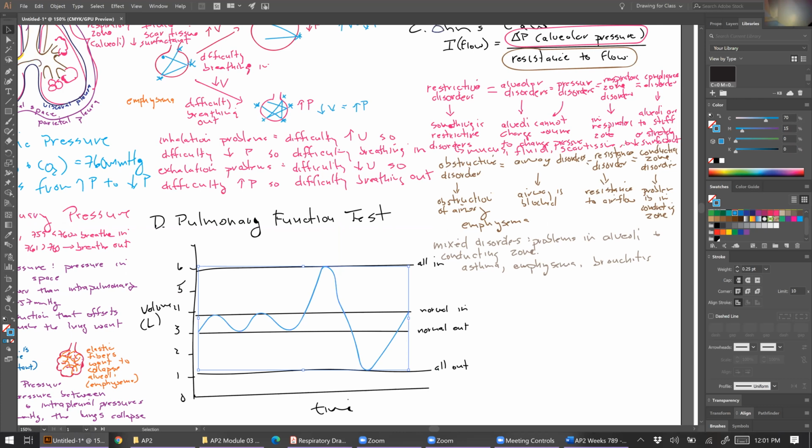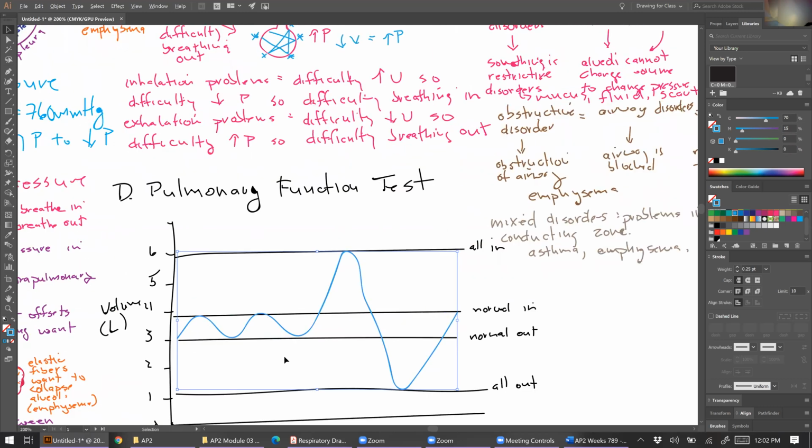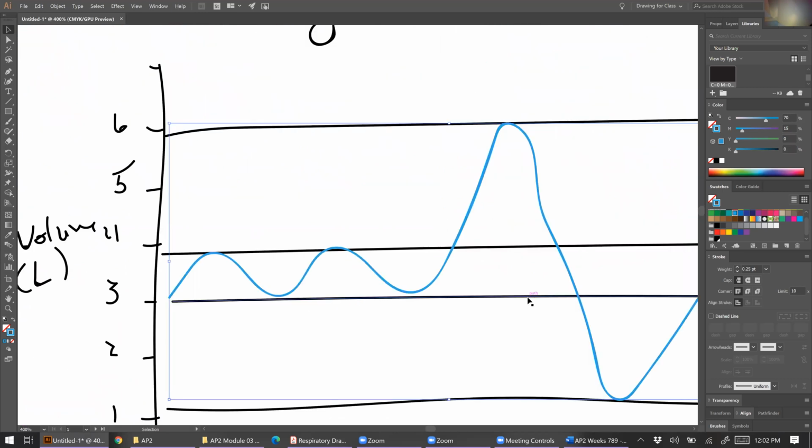So then there's different values here that matter. This value right here is called your tidal volume. I guess it's because they look like waves. And so that's normal breathing. Tidal volume is normal breathing.